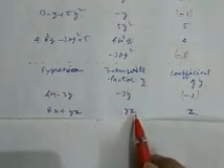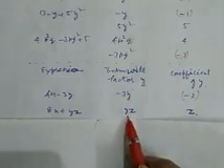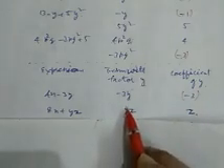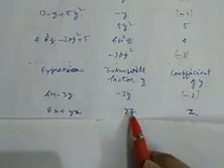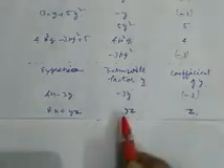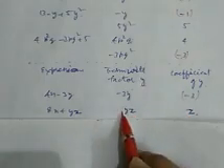We consider every type of coefficient here. The variable is y, so all things excluding y are the coefficient. So here only z and 1. So 1 into z is z. Z is the coefficient of this y.